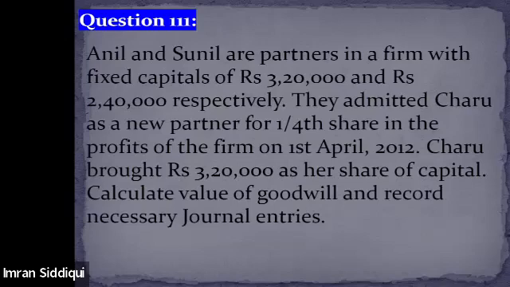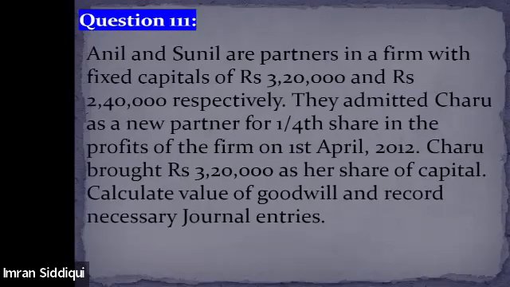So we already know that whenever the old partners' profit sharing ratio is not there in the question, we can simply presume that the old partners must be sharing the profit in the equal ratio. That means they are equal partners, 1:1. Then the question tells us about their fixed capital. That is one different point here compared with the other questions.